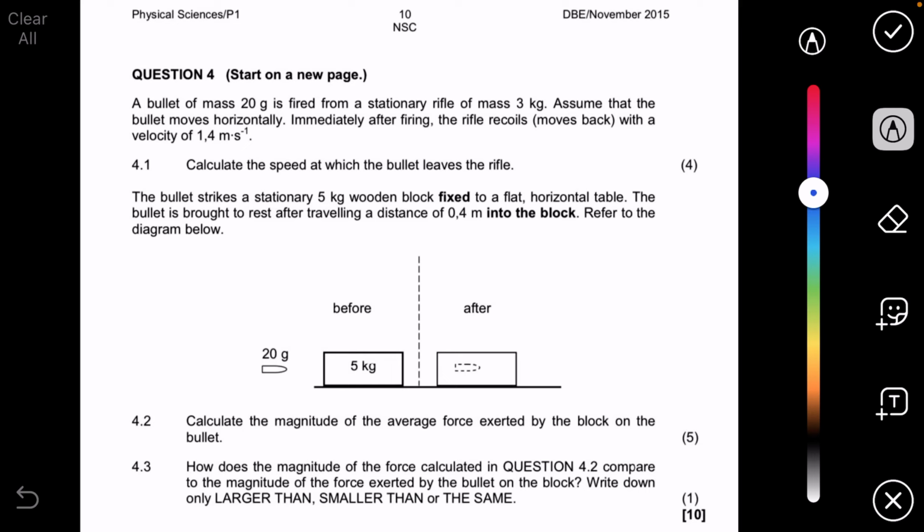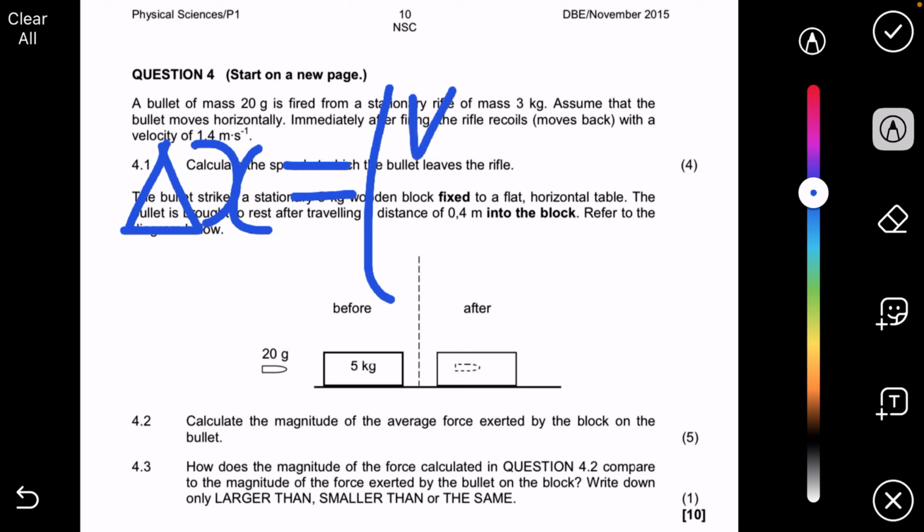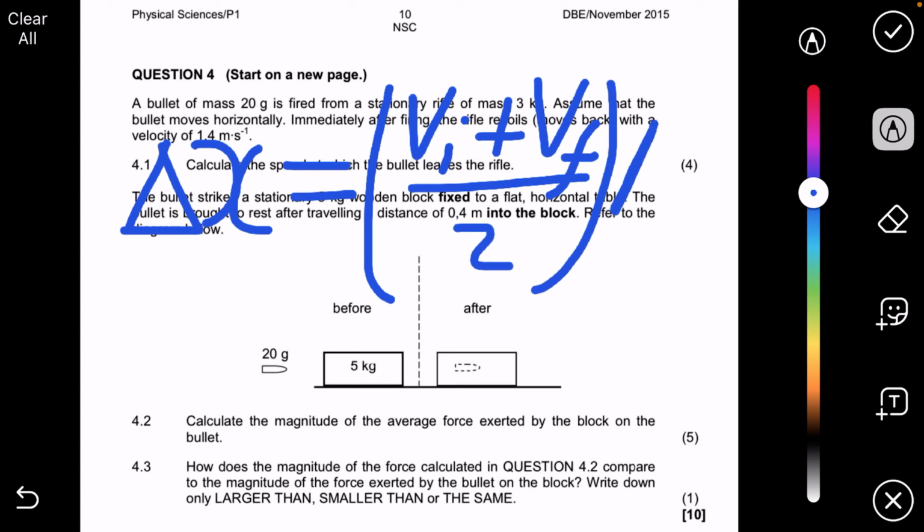If you remember, I'm just going to show towards the end of this lesson, we've got this formula, ladies and gentlemen. I think it's either v initial or v final, it doesn't matter because we are adding the two. This is divided by 2, and then this is delta t.